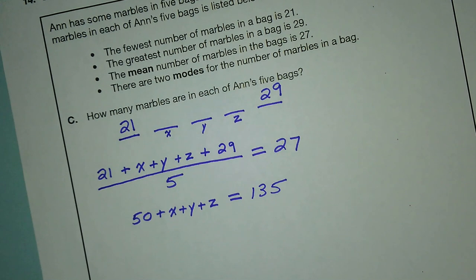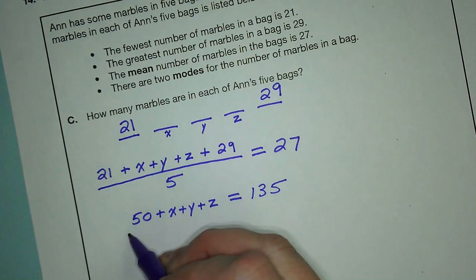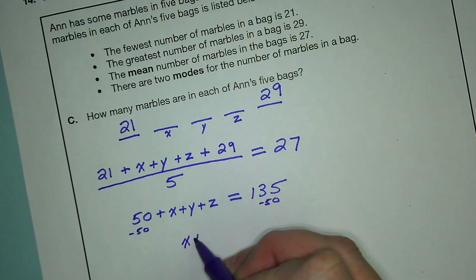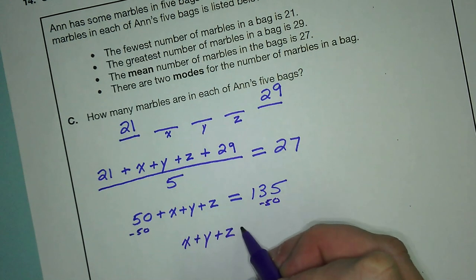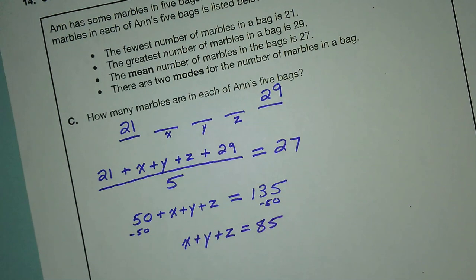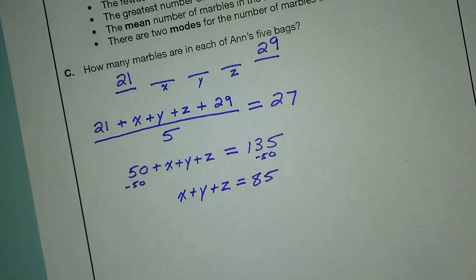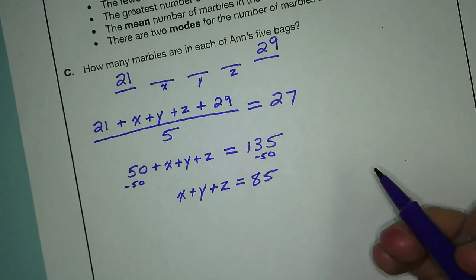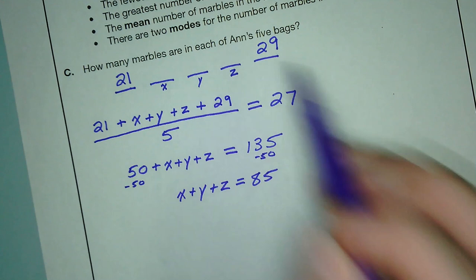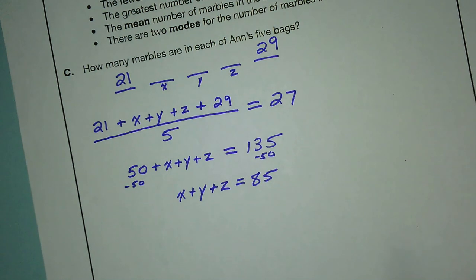135 minus 50. So if I subtract 50 from both sides, I end up with x plus y plus z equals 85. Okay. So all I really know right now is that these mystery numbers have to add up to be 85.